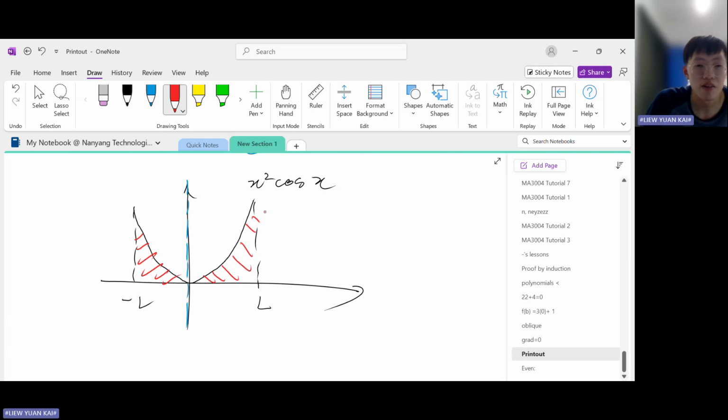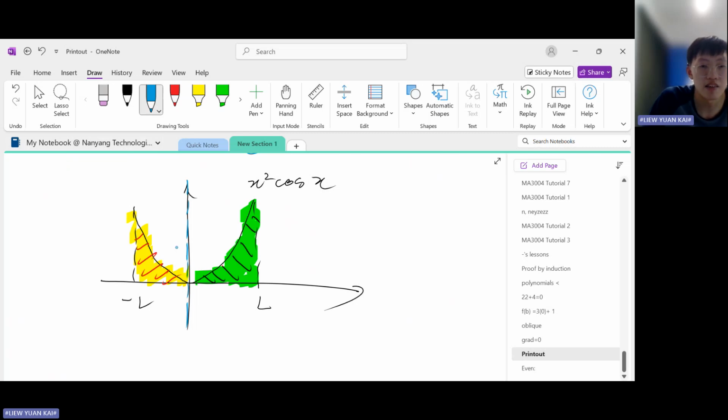So how can we simplify our life? If we know that it is symmetrical about the y-axis, agree with me that this yellow area will be equal to this green area, correct? These two areas are equal because it is symmetrical over the y-axis.